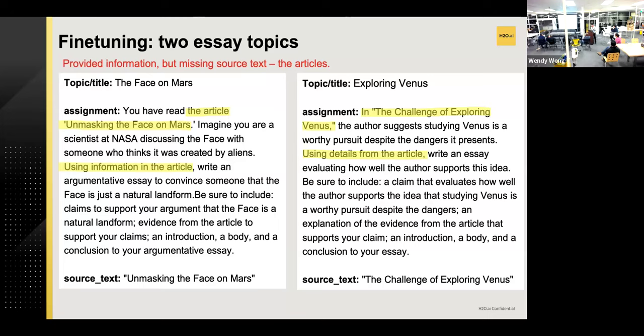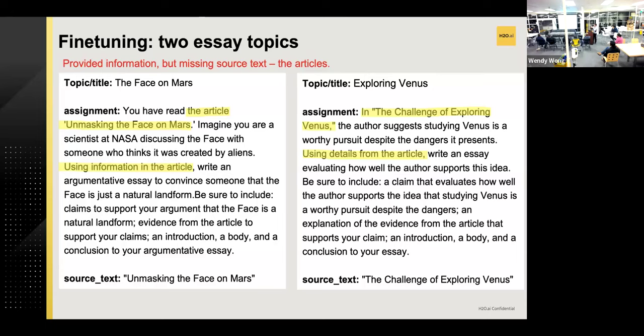So we can see two examples from the 5 topics. You can see on the left, topic title, the face on Mars. On the right, exploring Venus. And on the left, the assignment says you have read the article, Unmasking the Face on Mars. This is some source text, or some article, that students need to read before writing.